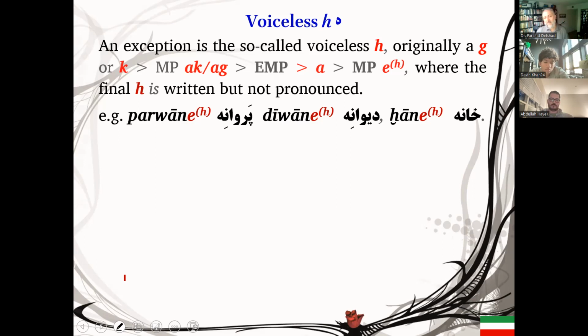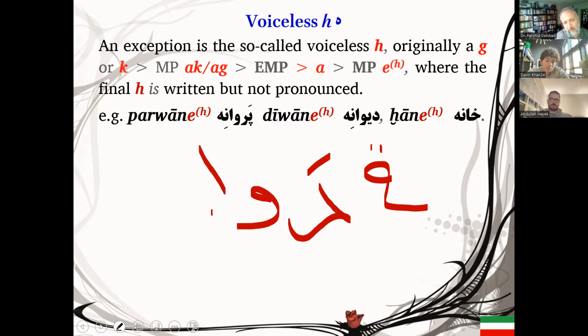In fact, we have this final he, which seems to be a kind of ta marbuta in Arabic. In Arabic there is a ta marbuta, which you write like that, and you do not pronounce it. For example, you have the word dawla, and you do not pronounce the final letter. That means government. Of course, you connect it with the next word.